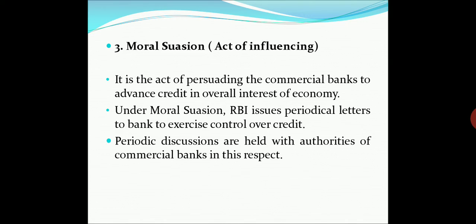RBI issues periodical letters to banks to control credit in the economy, and periodical discussions are even held with the authorities of commercial banks in this regard. Moral suasion is a humble policy that is opted for by RBI to ensure that everything in the economy is done according to the directives of RBI, and that it ensures the overall interest of the economy as a whole.